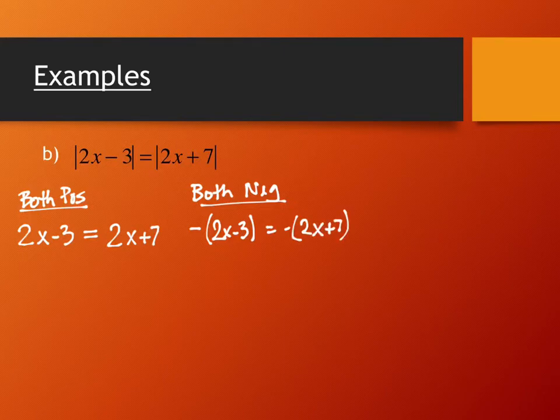Now, I'd like to pause right here for you to recognize, hopefully, that these two are the same thing. I still have a third possibility I haven't done yet. But these two are exactly the same thing. Because if I were to divide both sides here by a -1, which is an allowable operation of algebra, I do the same thing to both sides. What will I end up with?